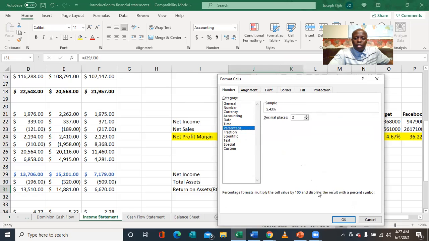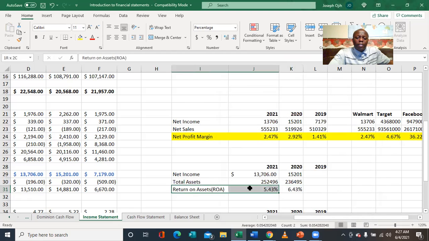Make it percentage. Actually, it's a percentage. Let me highlight it first and take you to where you will see it. It clearly explains in the PowerPoint. You can see it for the 2 years, 6.43% and 5.43%.